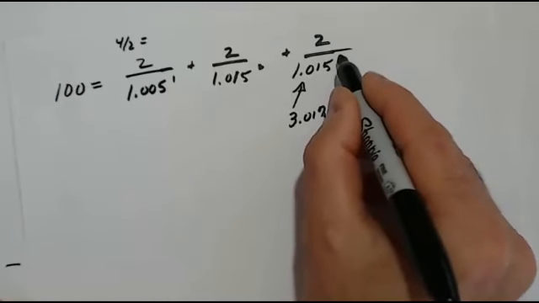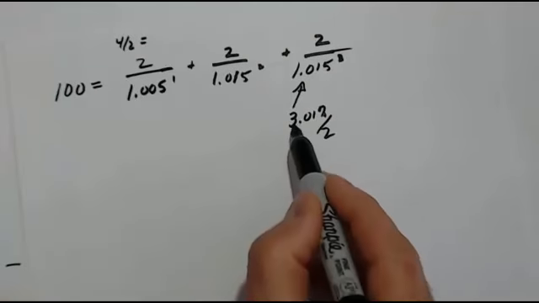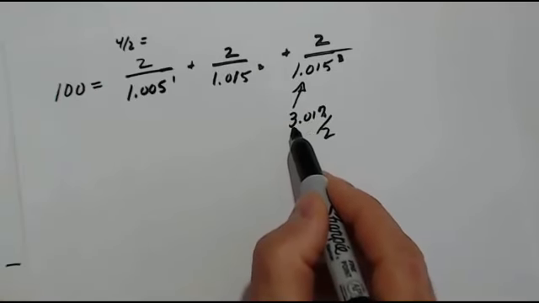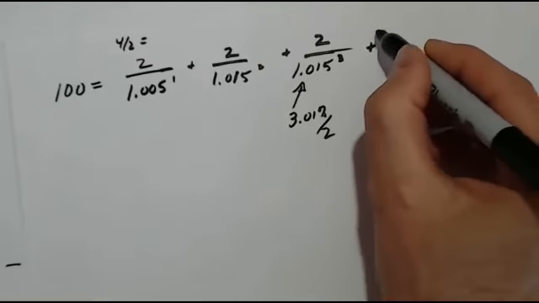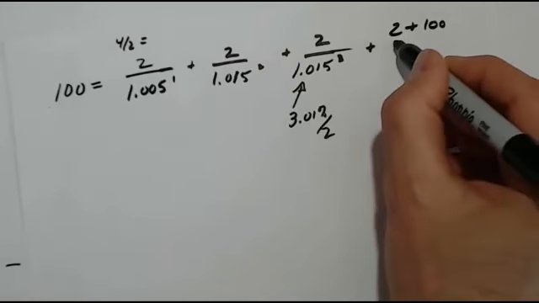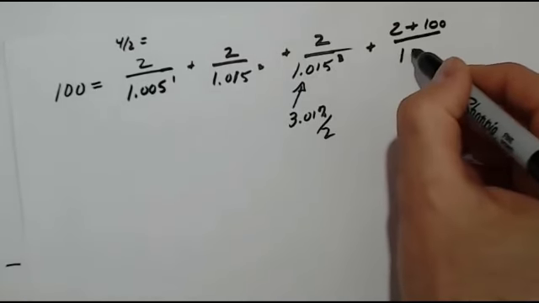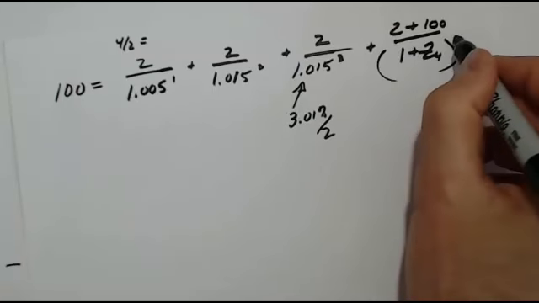I'm not rounding out as many decimals as I could. I don't want to go crazy with this. So this is the spot rate I just calculated a few minutes ago. Okay. Then I have the last cash flow, which is the $2 plus the $100 face value, is going to be discounted at 1 plus Z4 to the 4th power.